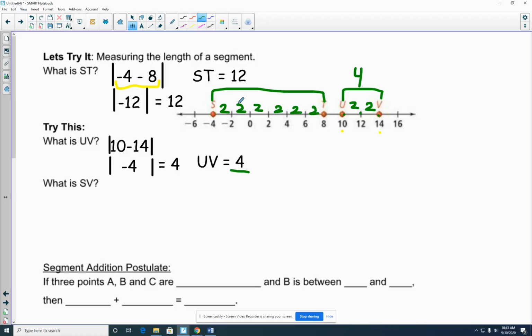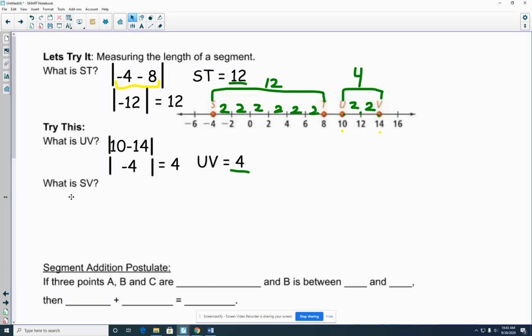So that's 2, 4, 6, 8, 10, 12. And that same value is here. So there's really 2 ways to do this if you are given a number line, right? You can do the absolute value of the difference of those coordinates, or you can certainly count along your number line. You did that in middle school and perhaps last year in algebra. So both are actually accurate here.